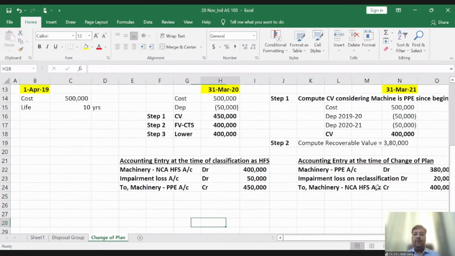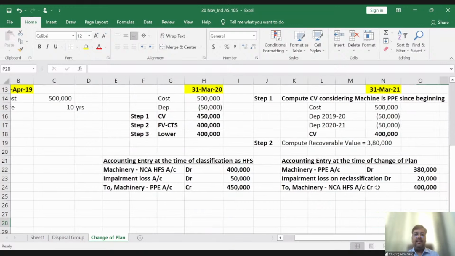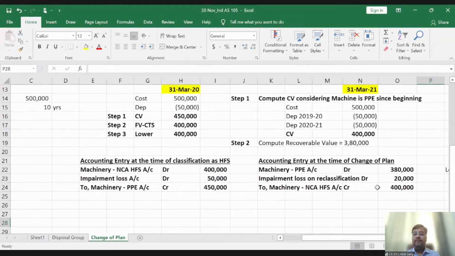Let me know if you have any doubt here. Very good. Thank you, Radhika. Thank you so much. I'm glad. Good to see the response of students. They have understood the accounting treatment in case of change of plan.